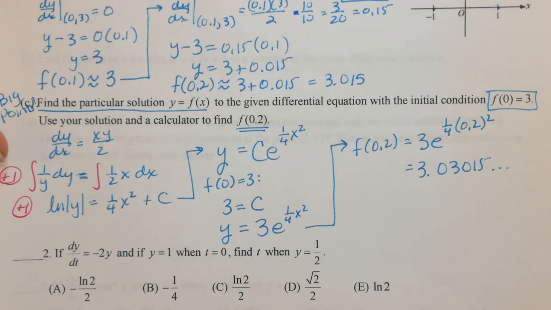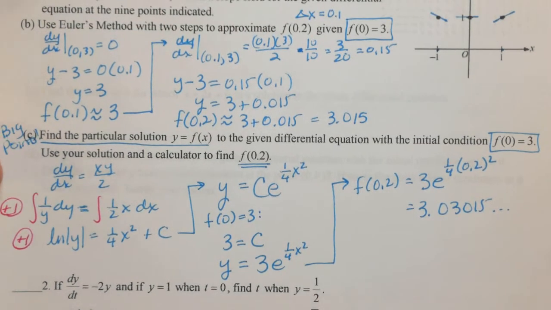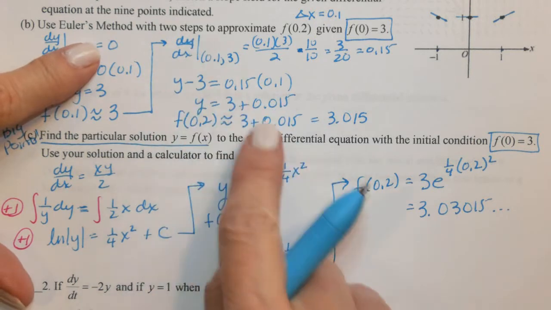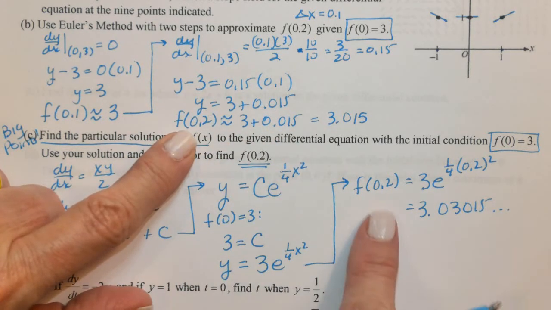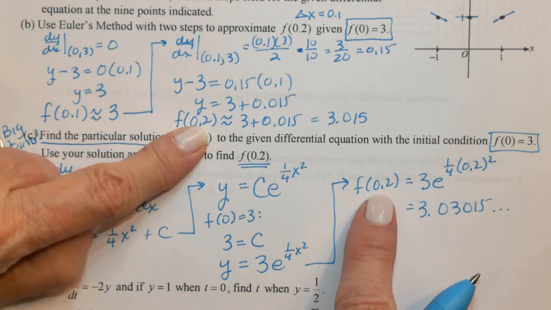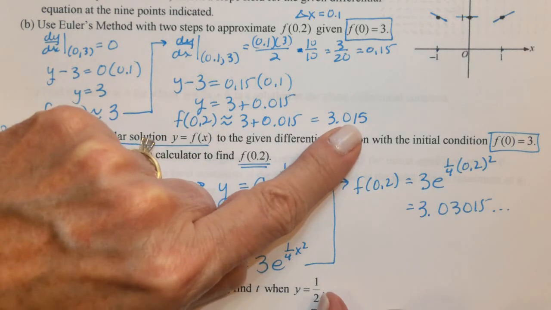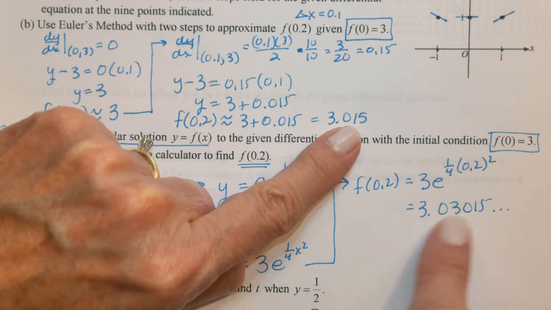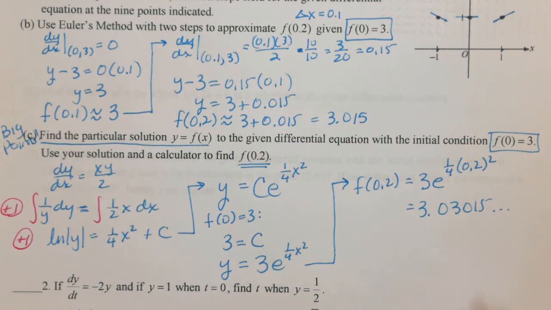Okay, why do you think they wanted us to find that? They wanted us to compare that with our Euler's approximation of the same thing. So that we found the same thing by Euler's method, right? And there was our approximation using Euler's method. Here's the actual value. So it wasn't too bad of an approximation with only 2 steps up there.